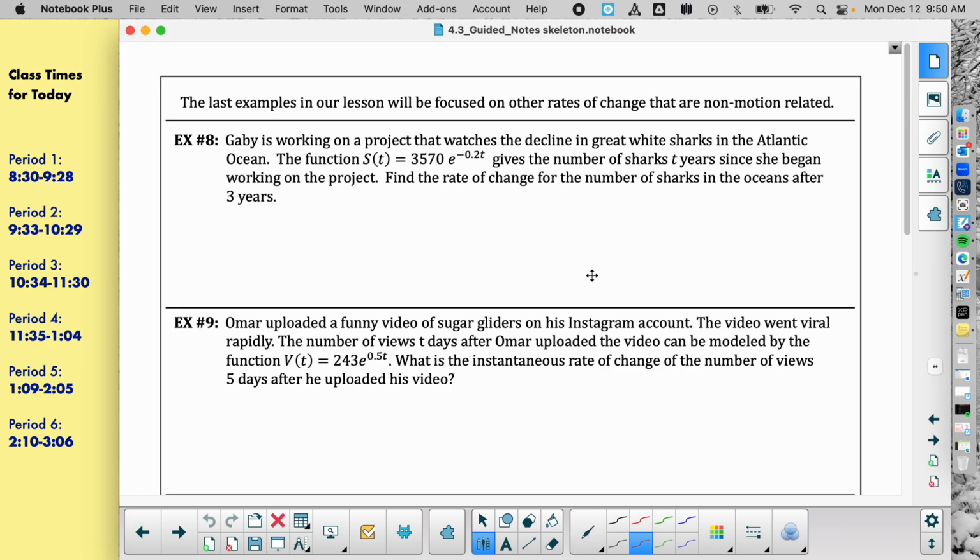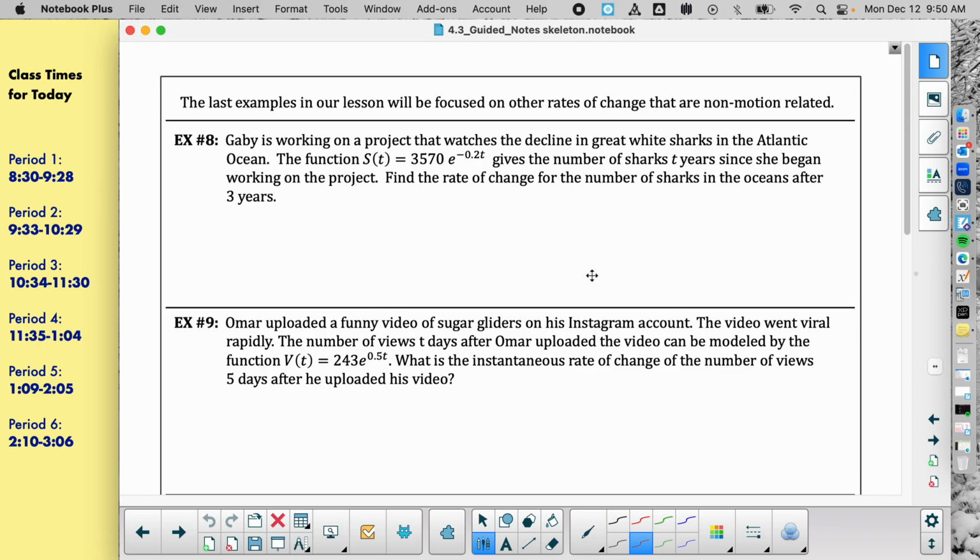Okay, so let's go with this shark one. Gabby's working on a project that watches the decline in great white sharks in the Atlantic Ocean. That's just describing what the function's for. So that particular function gives the number of sharks T years since she began working on the project. So it isn't telling you the rate of decline or anything. It is just telling you the number of sharks that were recorded.